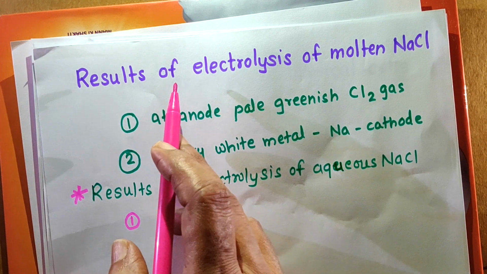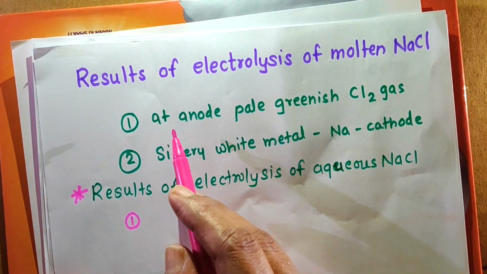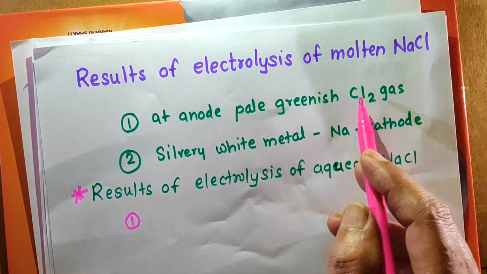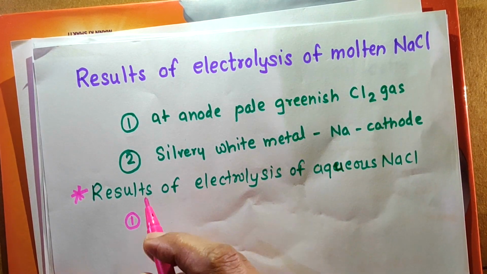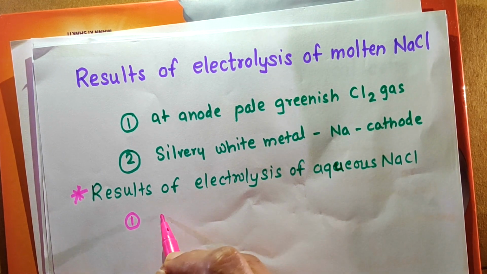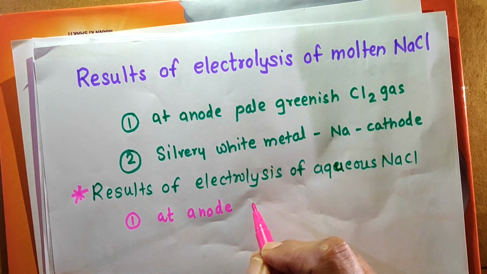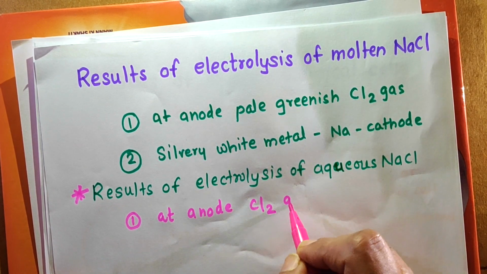We have studied what is the result of electrolysis of molten NaCl. At anode, pale greenish Cl2 gas is there. Now, in electrolysis of aqueous NaCl also, at anode what we will obtain? At anode, again we will obtain Cl2 gas.